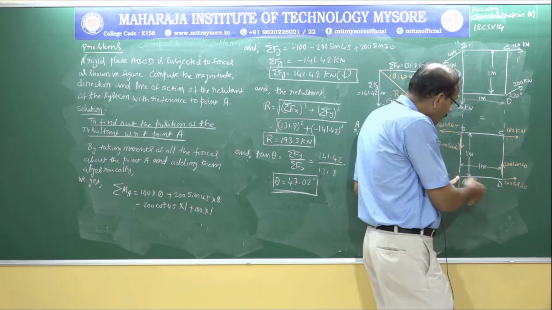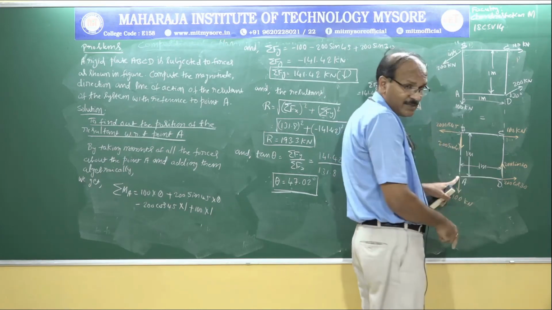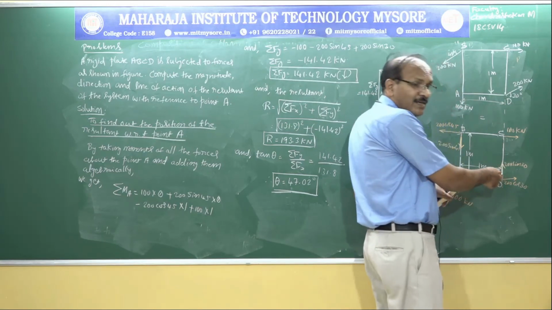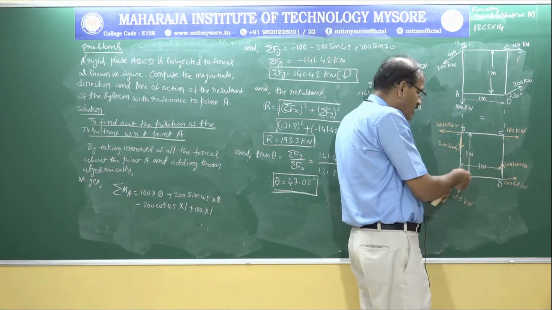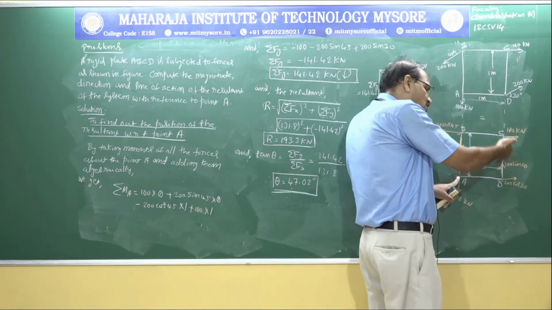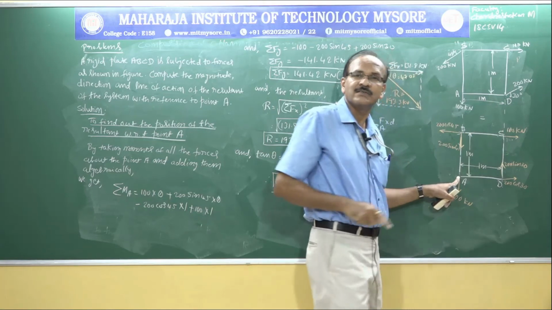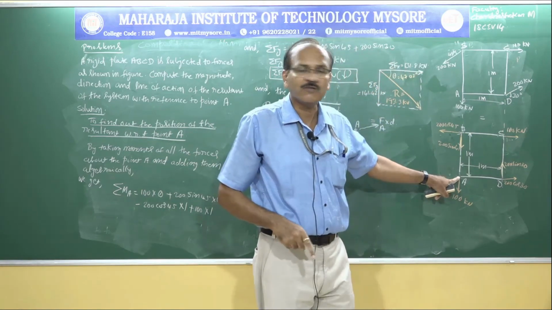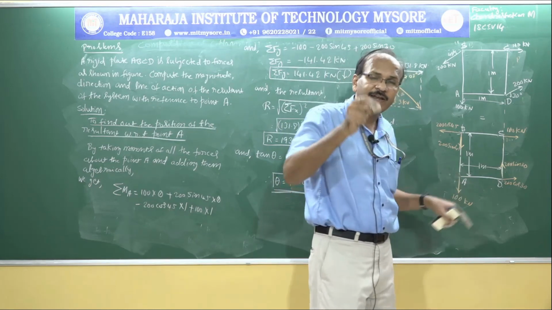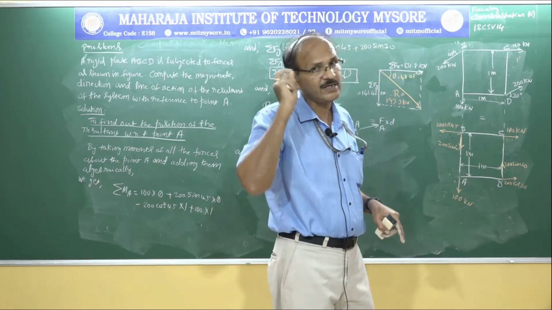What is this distance? 1 meter. So 200 sine 30 multiplied by 1 meter is the moment this force causes about the point A. And what is the sense? It causes an anti-clockwise moment about the point A. According to our sign convention, any anti-clockwise moment is always negative.